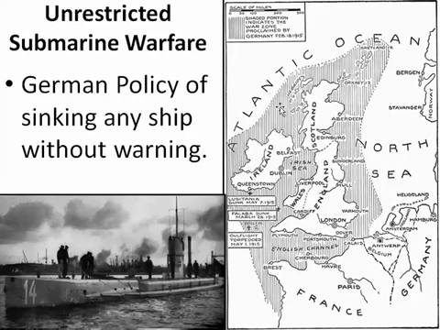Anytime a ship comes into this area, the submarine is going to shoot a torpedo at it and blow it up. Notice right here, Lusitania sunk May 7th, 1915. This unrestricted submarine warfare is going to be what causes us to go into war.